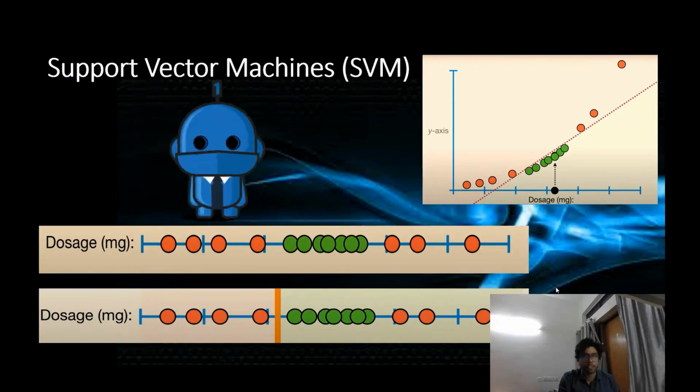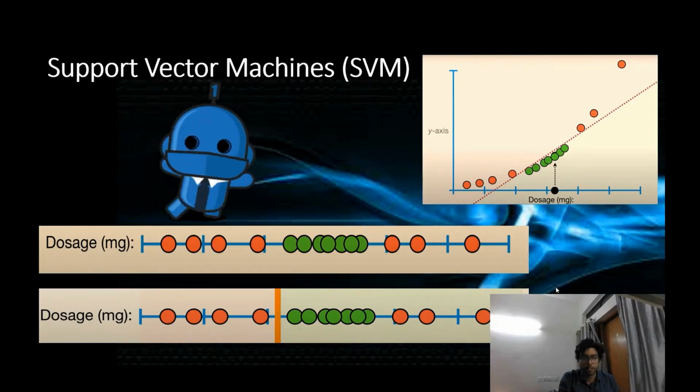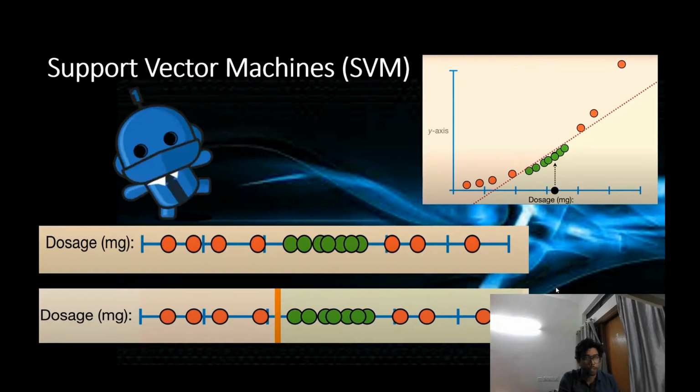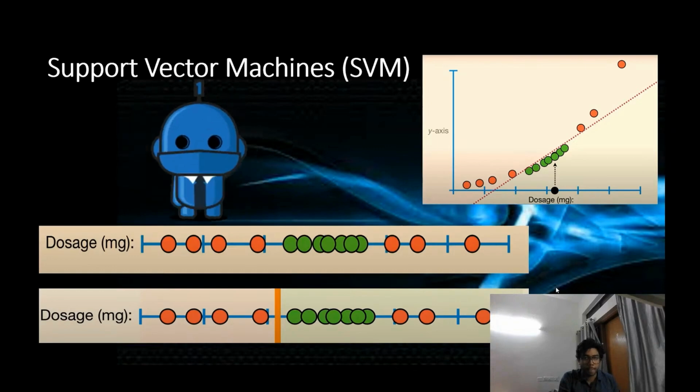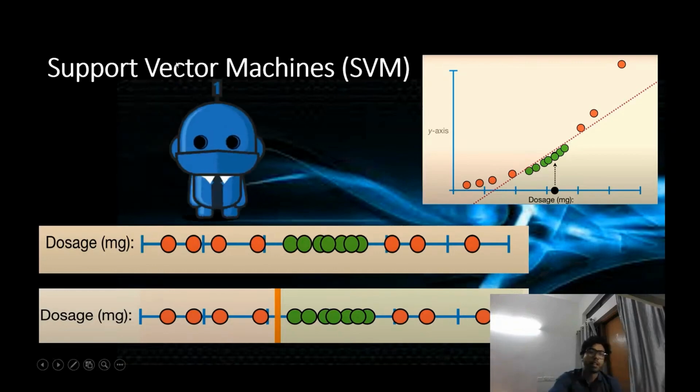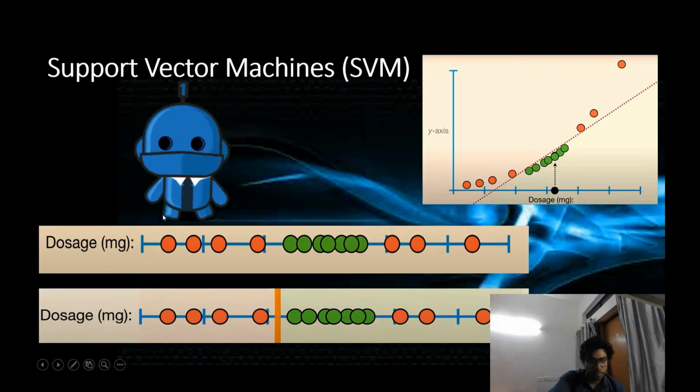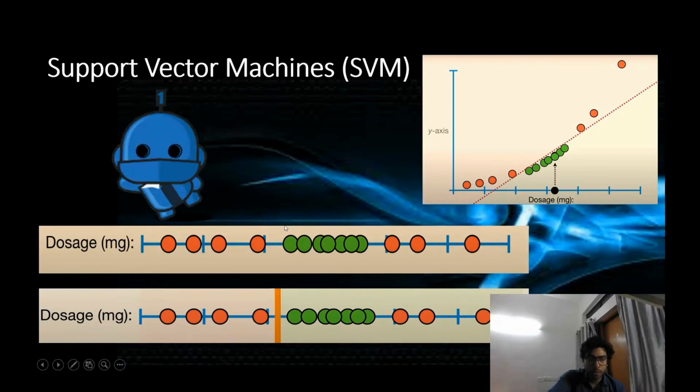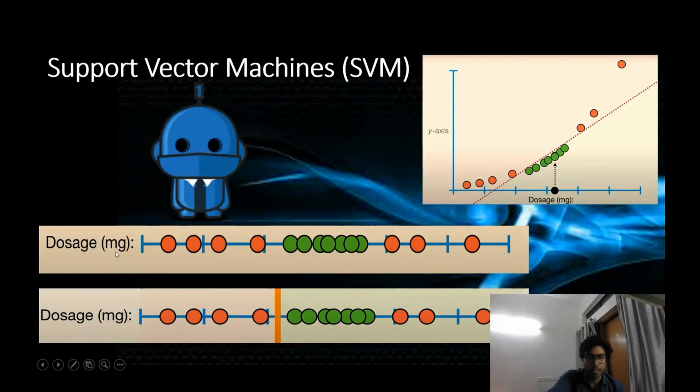Now, what are support vector machines? Till now, we saw what support vector classifiers are. Now, let's explain this with the help of another example. Let's look at a different example.